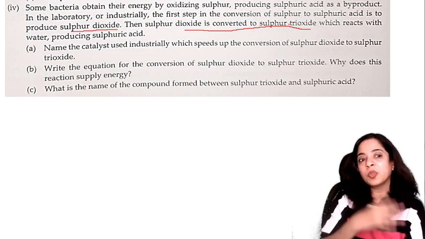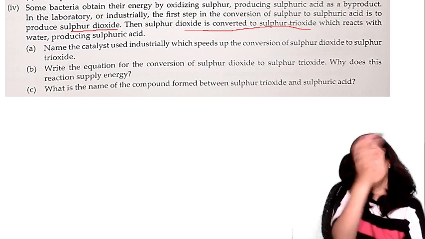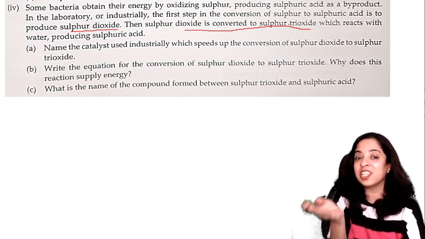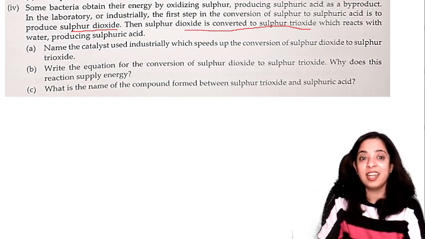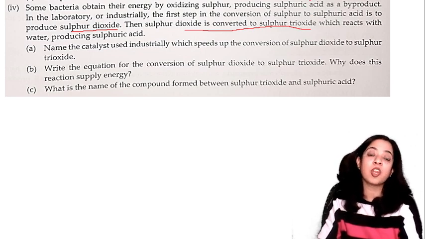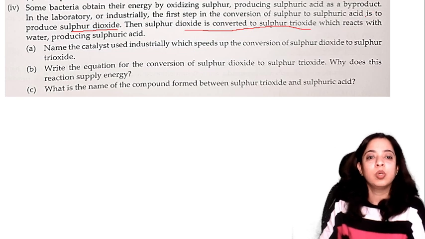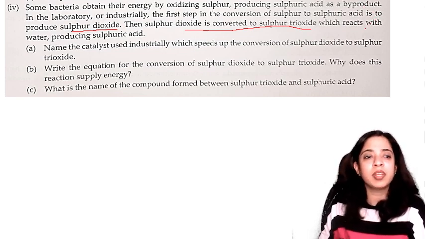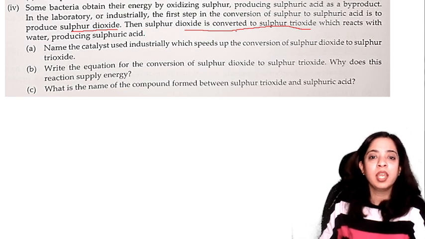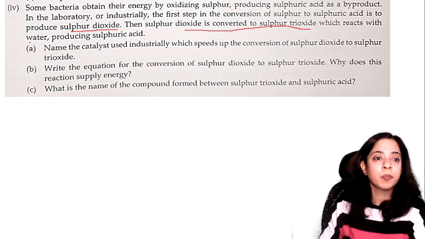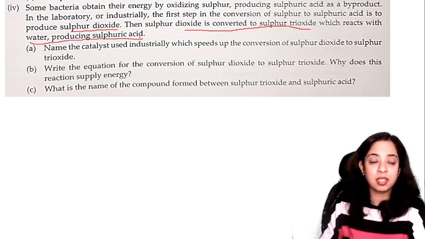So if you could not answer the question at that time, when you look at this question, you will be able to answer it, right? Some of the answers are always hidden in the question paper itself. So the first step in the conversion of sulfur to sulfuric acid is to produce sulfur dioxide. It is then converted into sulfur trioxide, which reacts with water, producing sulfuric acid.